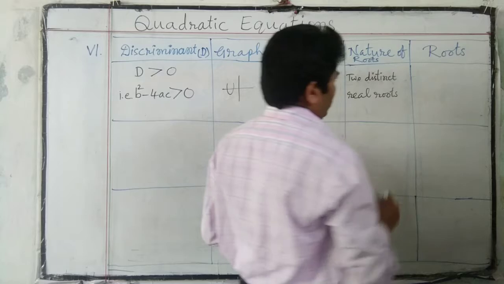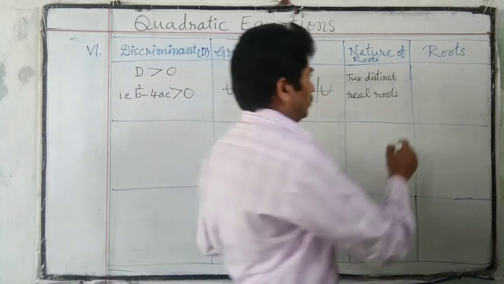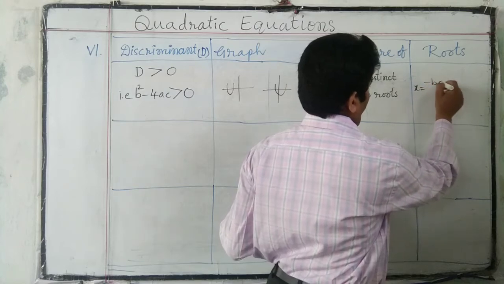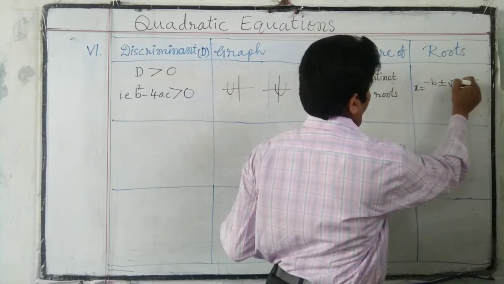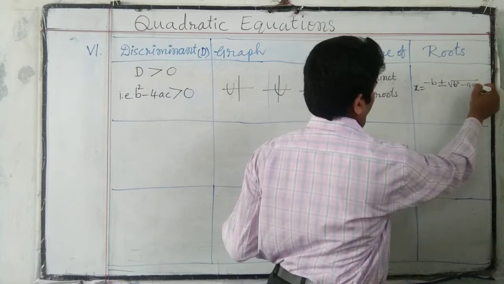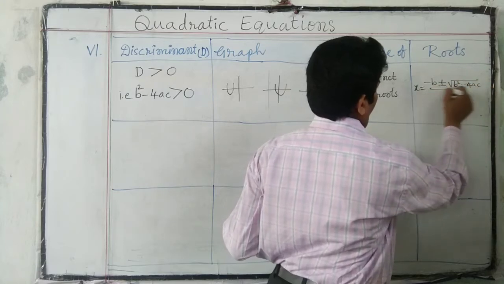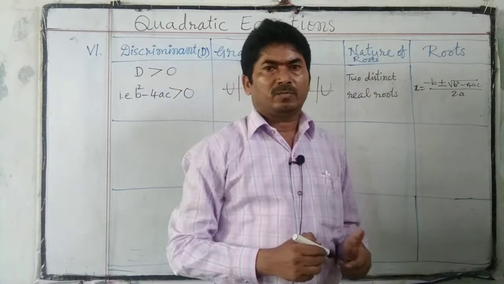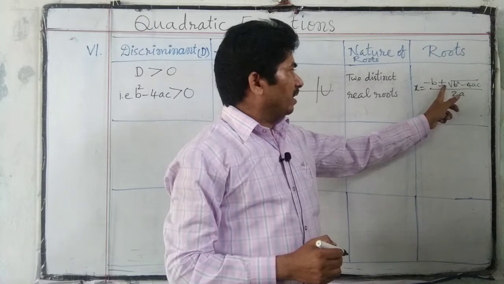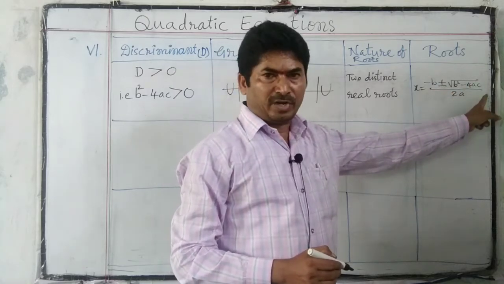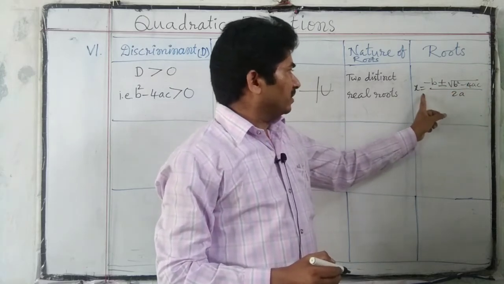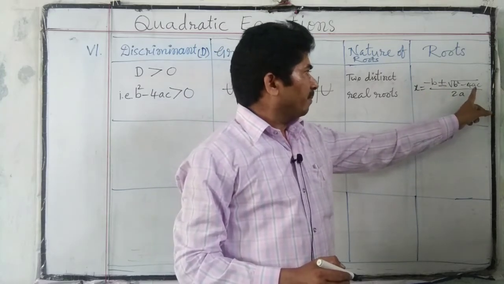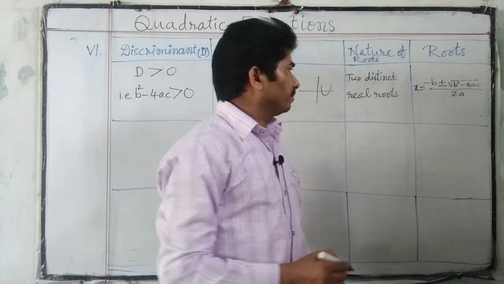We can find these distinct real roots using this formula. x is equal to minus b plus or minus under root of b square minus 4ac by 2a. In this we have two formulas. One is x equal to minus b plus under root of b square minus 4ac by 2a. Another one is x is equal to minus b minus under root of b square minus 4ac by 2a.